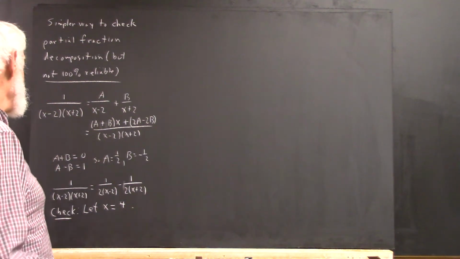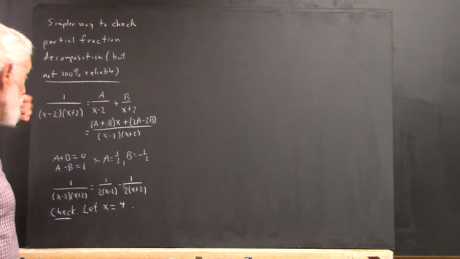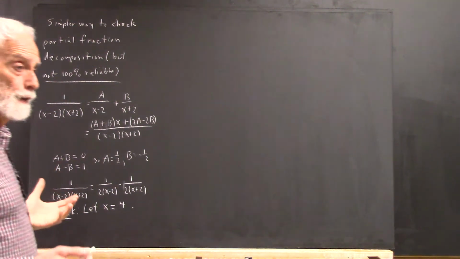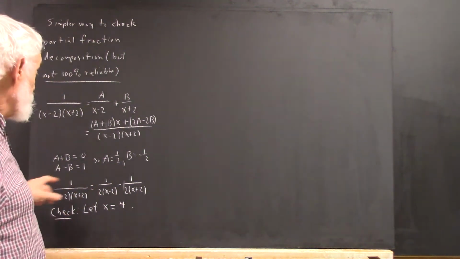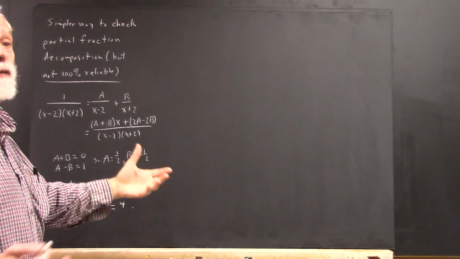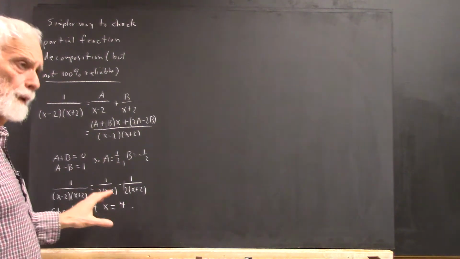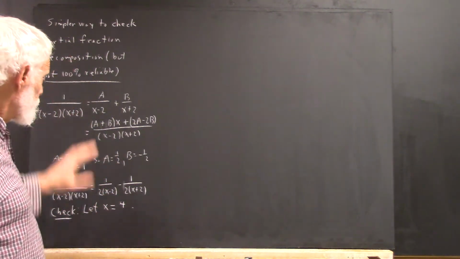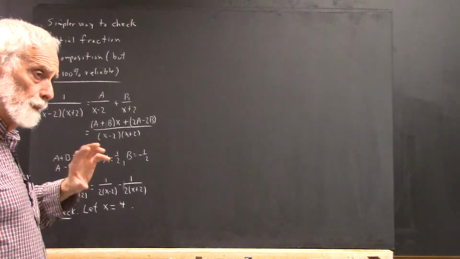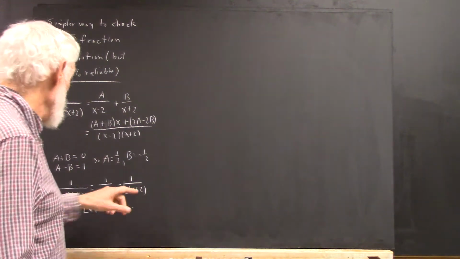Now, this isn't 100% reliable. Okay, there might be some value of x that coincidentally makes these two equal, even though they really aren't equal for all values of x. There might be isolated values of x that make these equal. That would be highly unlikely, so this is a pretty reliable method, but it's not 100%. If you want to be 100% right, you better check it out by doing the algebra.